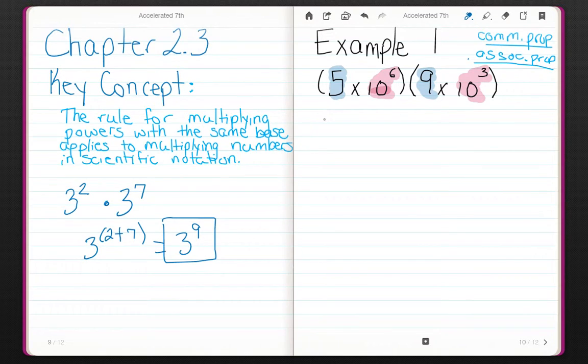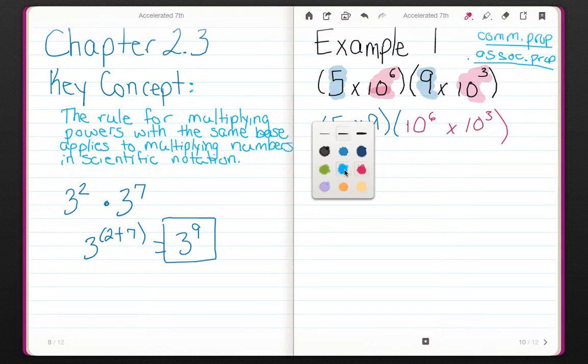so that I have 5 times 9 times 10 to the 6th times 10 to the 3rd. So I have grouped 5 and 9, and I have grouped 10 to the 6th and 10 to the 3rd. So then I can solve. 5 times 9 is 45.